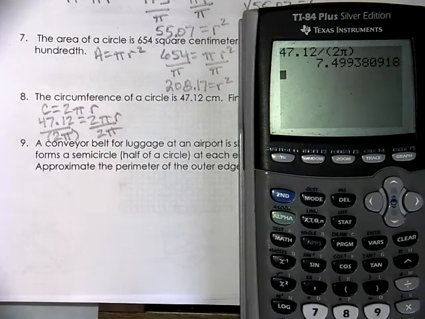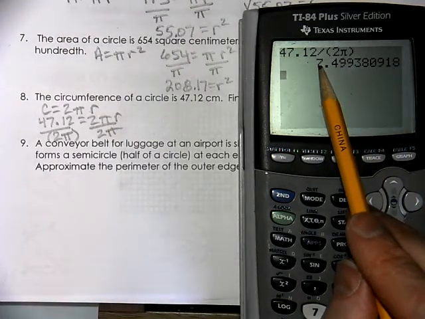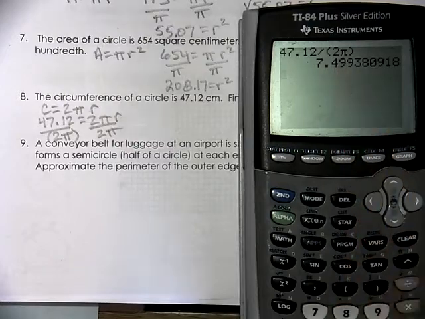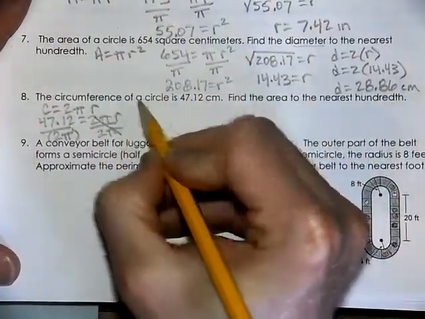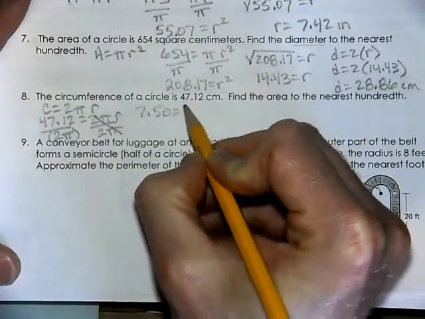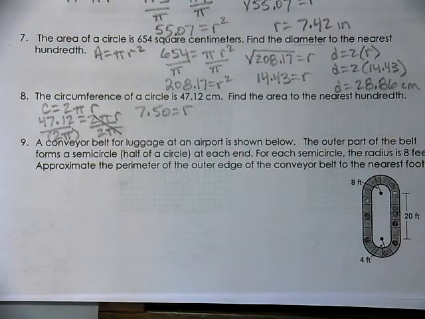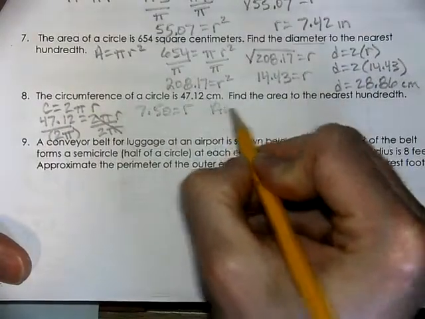And you come up with 7.499. So we'd really say that was 7.50. That's the radius.